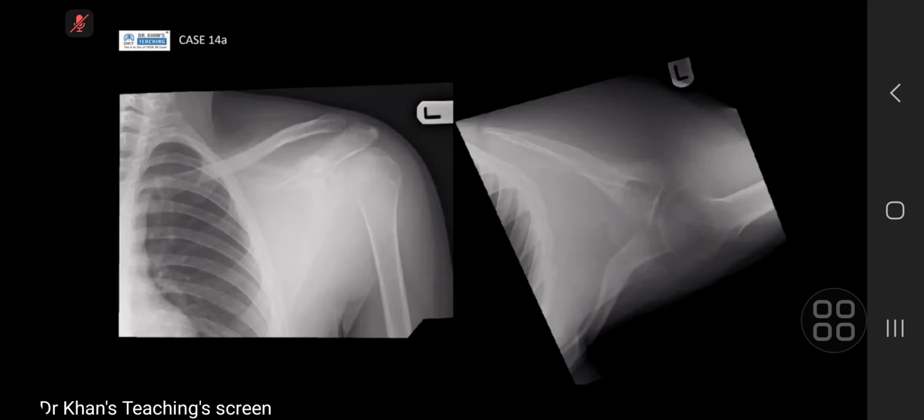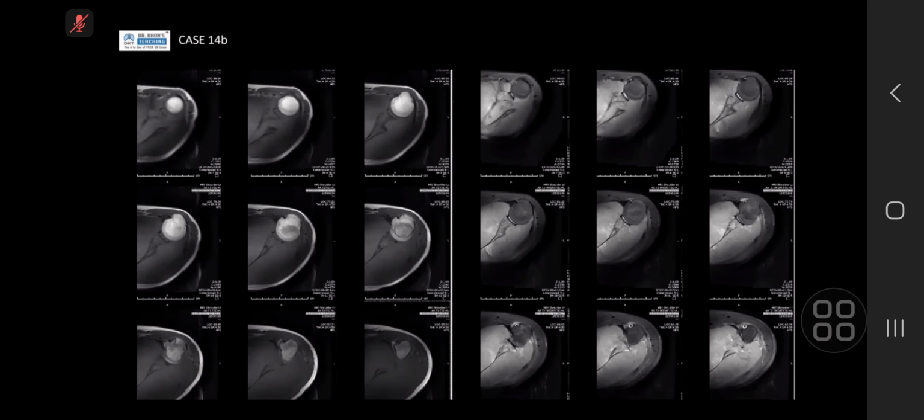Looks like an aggressive lesion, probably involving both soft tissue and bone. What do you do? A CT or an MRI? You said cross-sectional. MR. Okay, so multiple planes and multiple images in the shoulder joint I see.